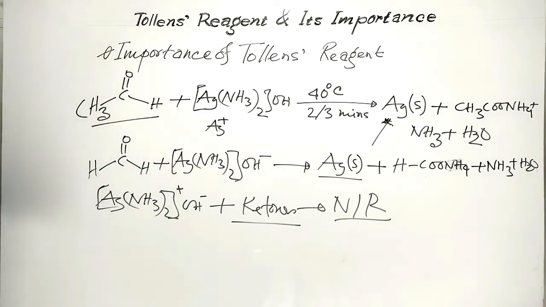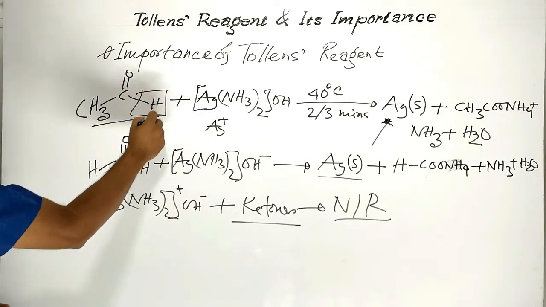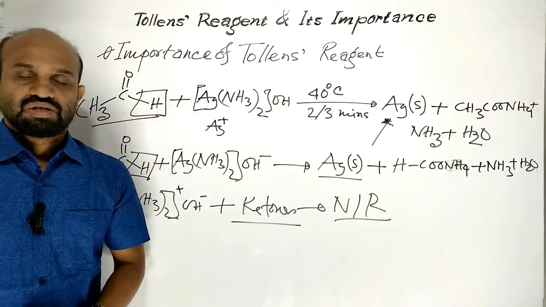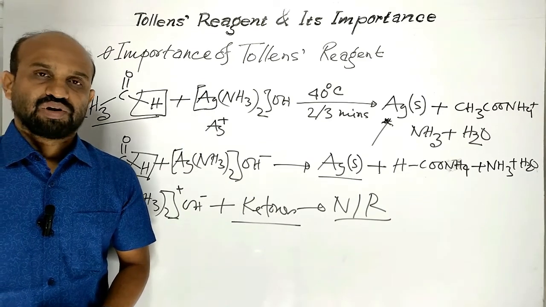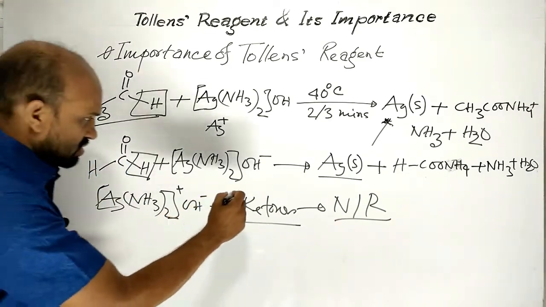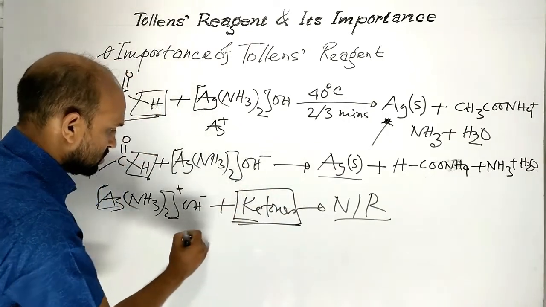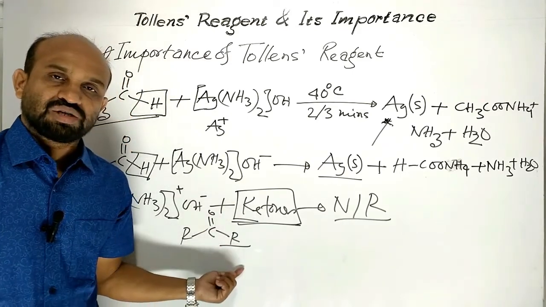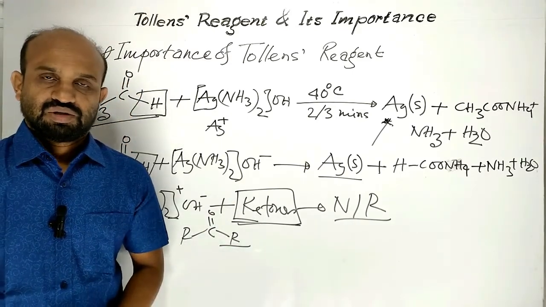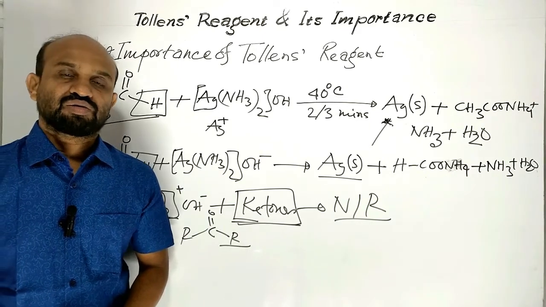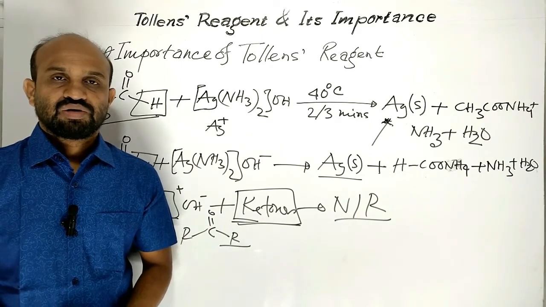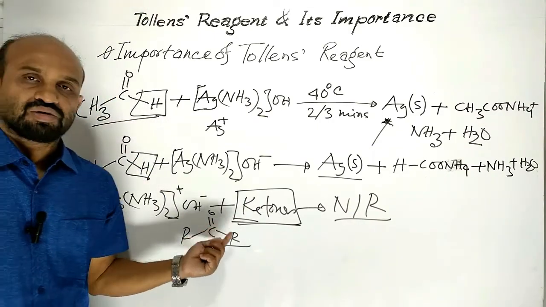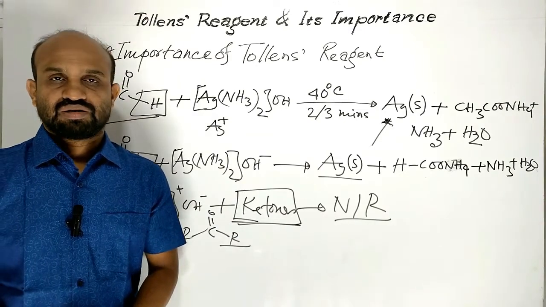That is, the hydrogen of aldehydes plays an important role in this reaction to form silver mirror. But when ketones are used, no such hydrogen is present in ketones. That is why ketones cannot form silver mirror on the inner wall of the test tube. That is why ketones do not undergo the Tollens reagent test.